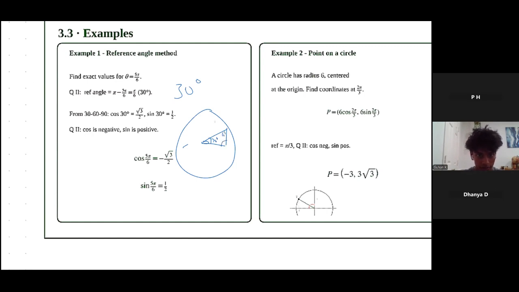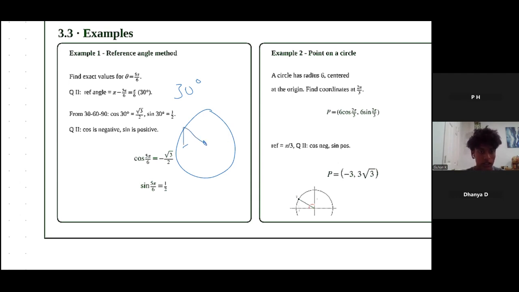So again, it would be 1/2, root 3 over 2. But sorry, this doesn't equal 30 degrees. This equals 150 degrees. But we can use the reference angle method to know that it's 30 degrees.